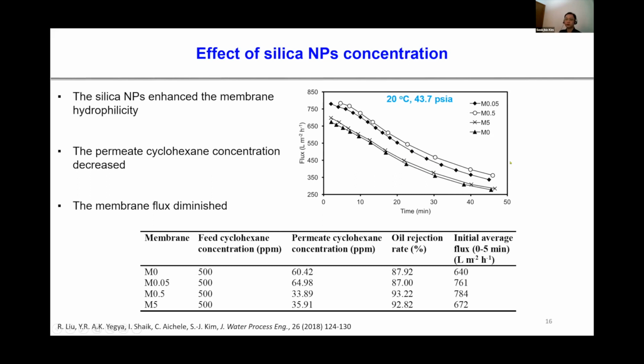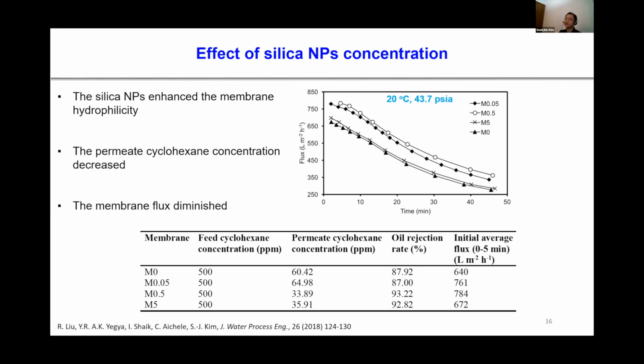That is inevitable. Membranes modified with silicon nanoparticles showed higher flux than the pristine alumina membrane, M0. So M0 shows the lowest flux, and silicon nanoparticle incorporated membranes show higher flux overall.